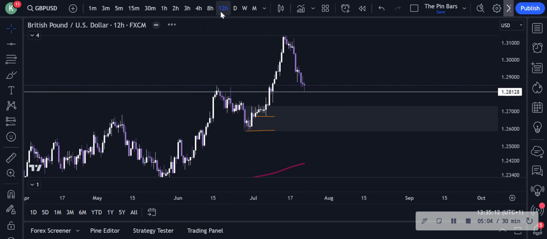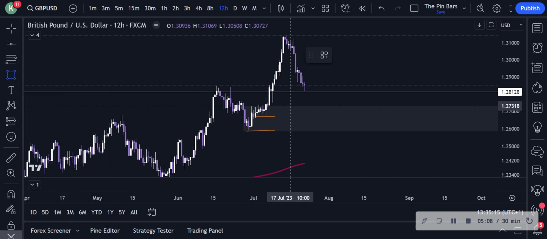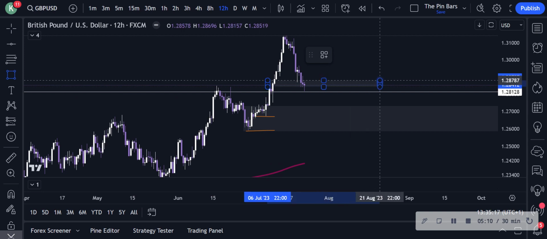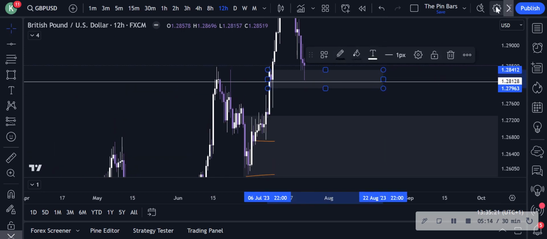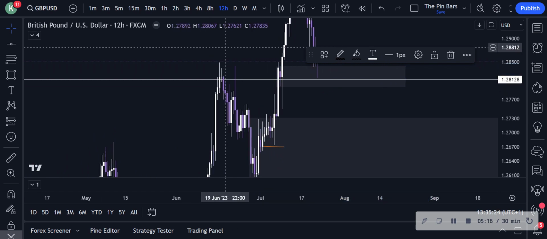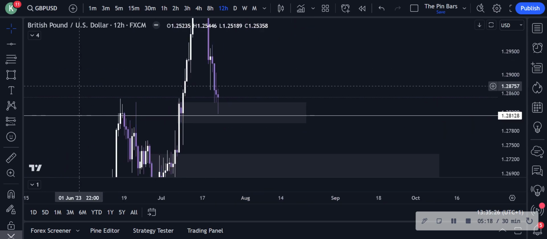Okay, going back here, another zone right there, right? Can you guys see that? And also, it's always very nice to have, I'll show you guys this.